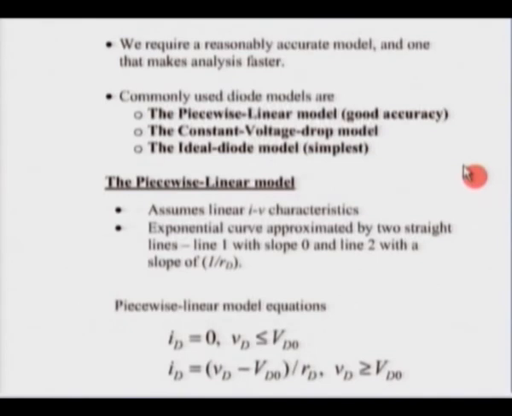We said the piecewise linear model, where we assume a linear IV characteristic, is an extremely accurate model, and when we fitted this with an actual characteristic, we found that the fitting was very good. And we also said occasionally we would use a constant voltage drop model to make our hand calculation simpler, and occasionally we might also use the ideal diode model, especially in rectifier circuits.